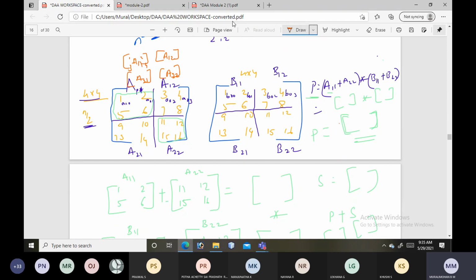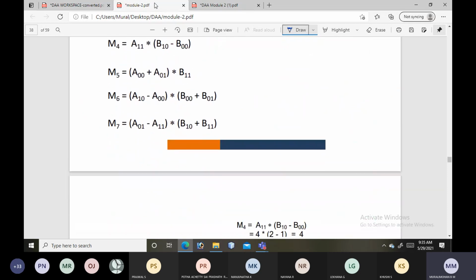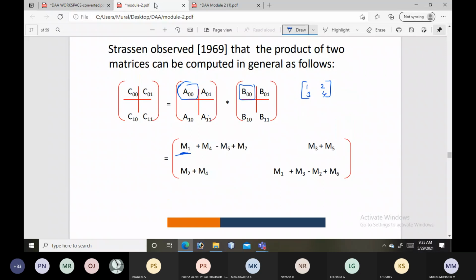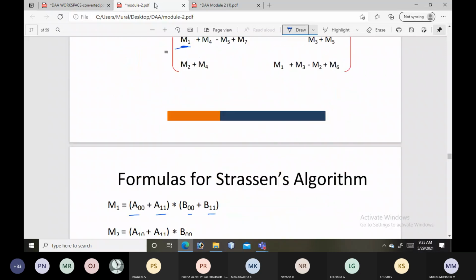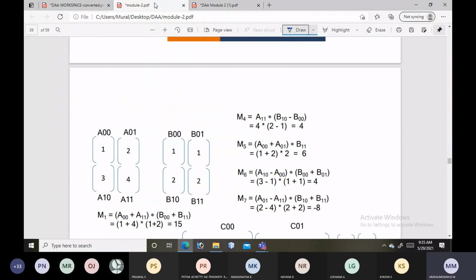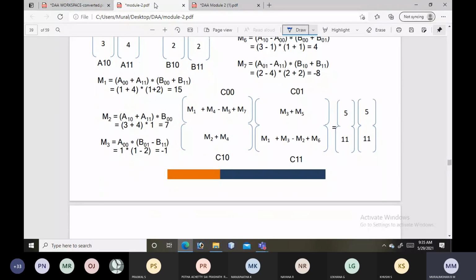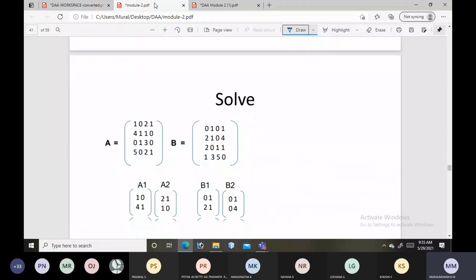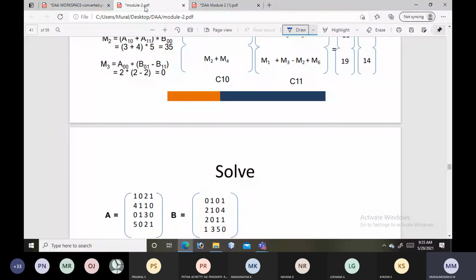Okay. Now the task for you is to find out the matrix multiplication of this example. Please try to solve this one. A is equals to 1021, 4110, 0130, 5021.